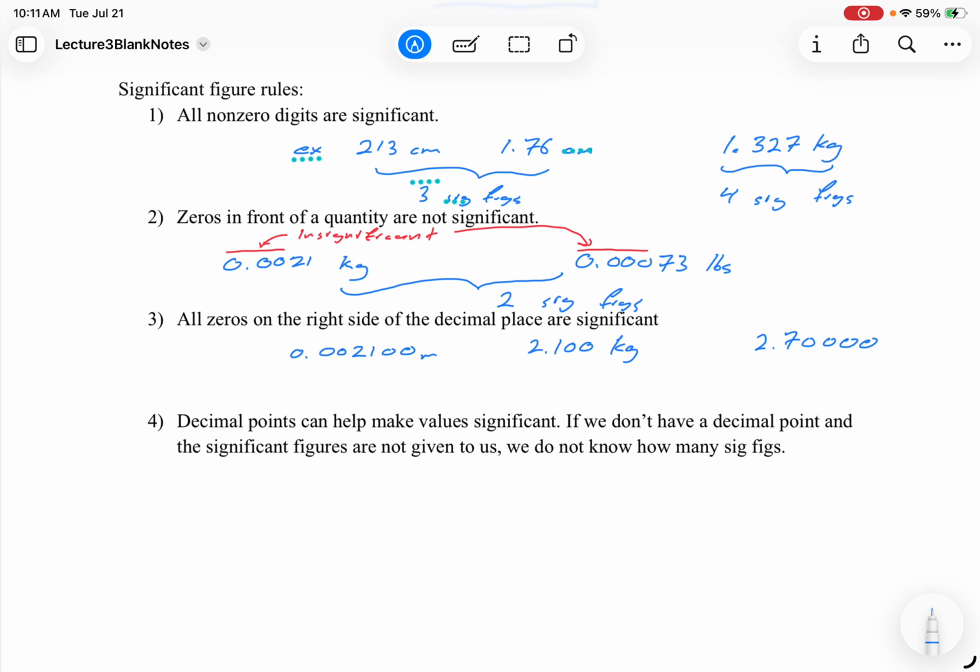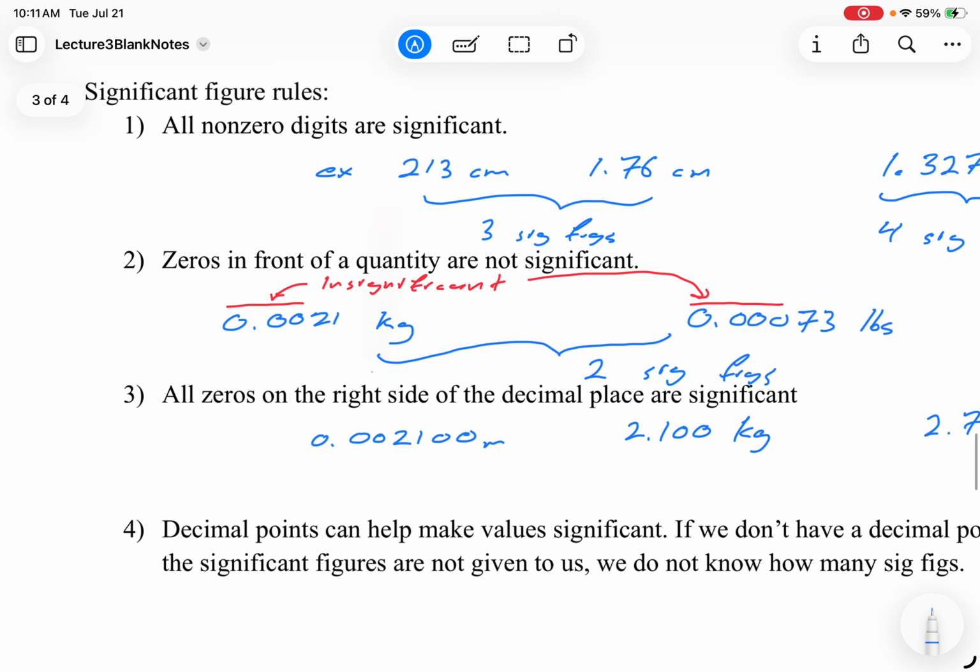Going back to rule number 2, the zeros in front of the quantity are not significant, so don't count those. But the zeros that follow, on your right-hand side, are significant. They mean something, right?